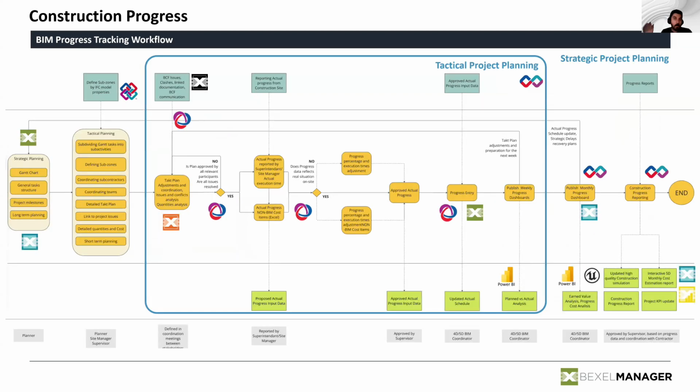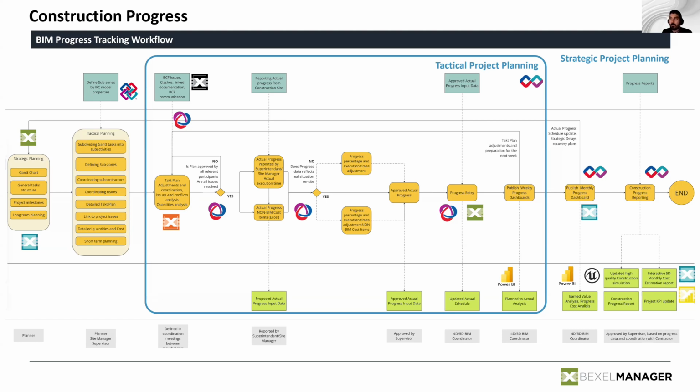So we focused on this, okay, our strategic project planning was pretty much covered with the workflows that we had, because we had a very, very clear idea how to integrate 5D into the project, how to integrate 4D into the project, how to build a detailed schedule in an automated and good way, and how to optimize the schedules.